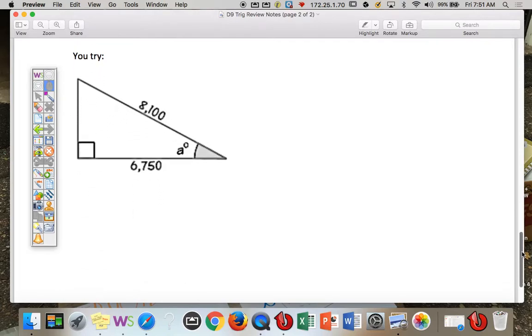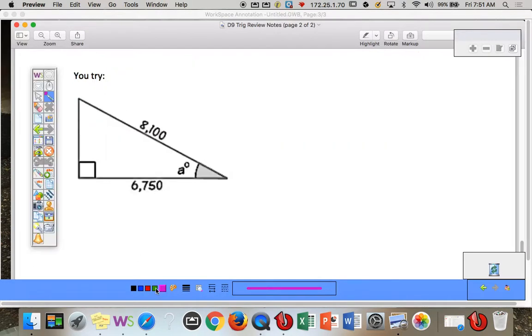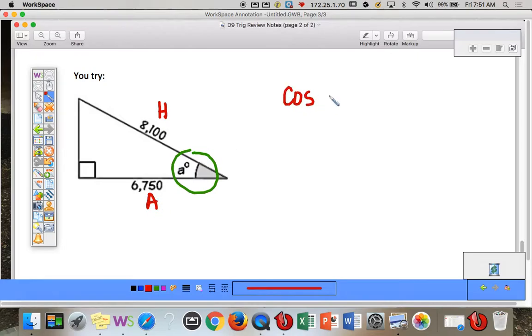Okay, you try. Again, we have our angle. We have our hypotenuse across from the 90, and we have our adjacent side. So this is cosine. Cosine of angle A equals adjacent 6750 over hypotenuse 8100. To get rid of the cosine, we do the cosine inverse.